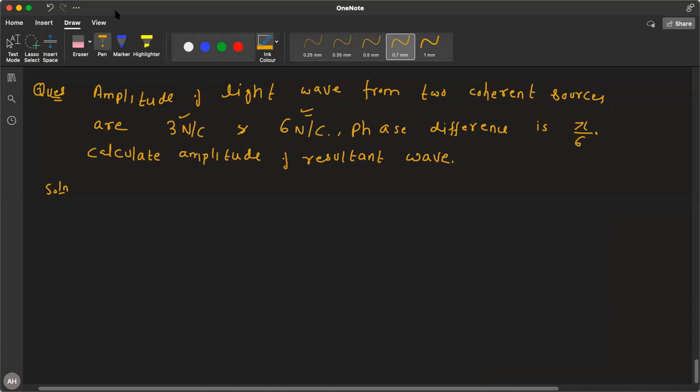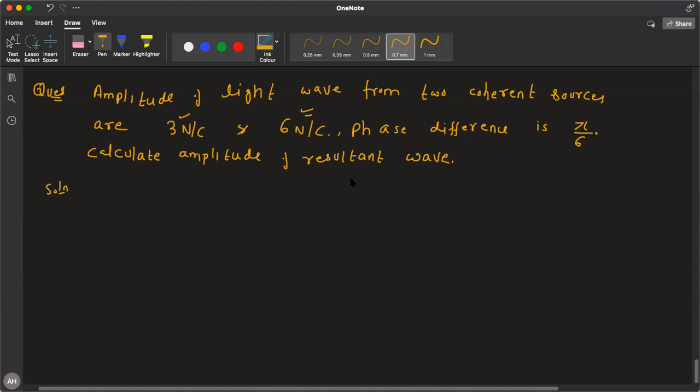Answers, Abdullah, Noor, Faisal? Sir, doing. See, you have amplitudes, you have the phase difference. You just have to calculate the amplitude of the resultant wave. Mariam, Amalia. Amalia, you were not there in the last class. Did you go through the recordings? Yes, sir.